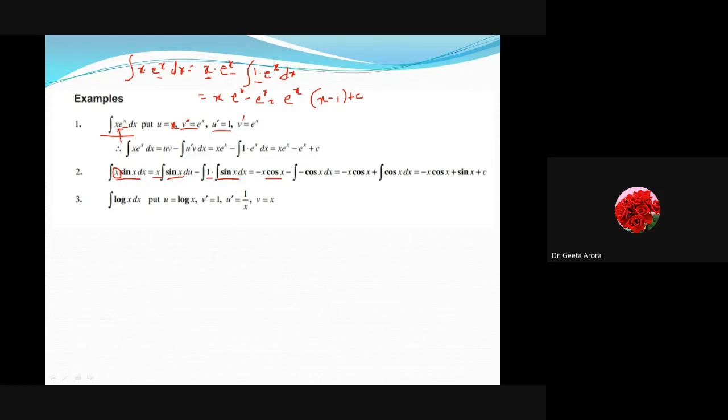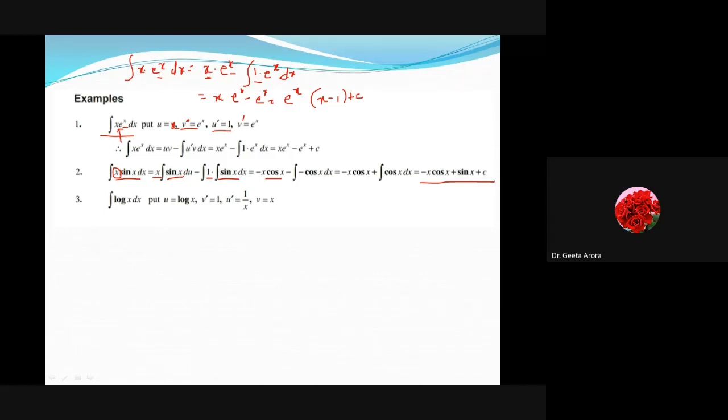So finally, minus minus will become positive, and we'll get minus x cos x plus integral of cos x dx, and the integral of cos x is sin x. So finally we are getting minus x cos x plus sin x plus c.